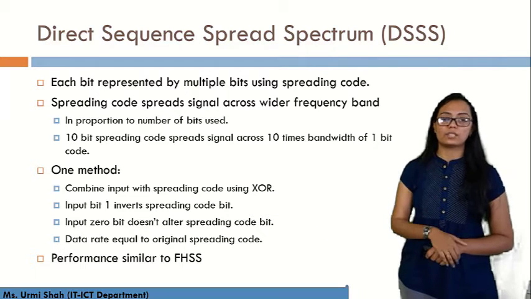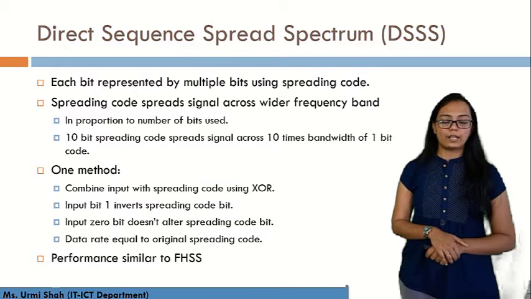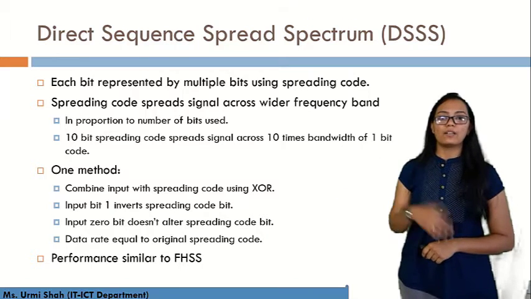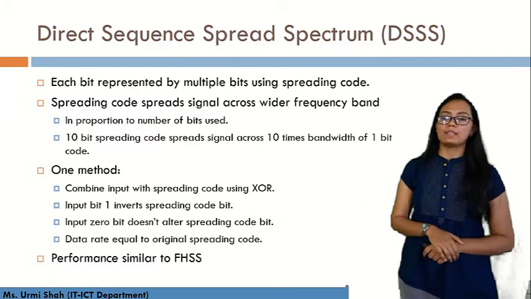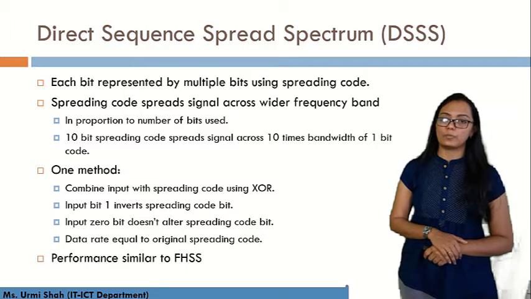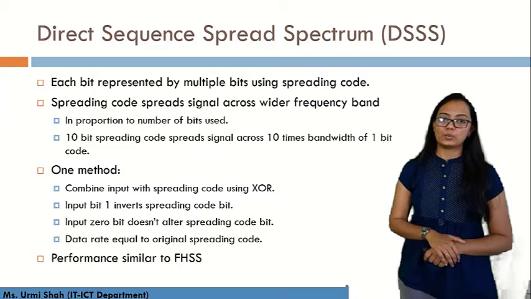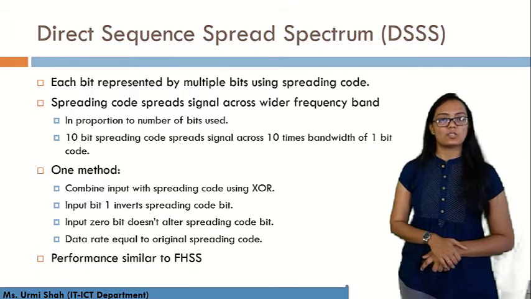Another method used here is combining the input with the spreading code using the XOR operation. Input bit 1 will be inverted whenever the spreading code bit is 1, while input bit 0 does not alter whenever the spreading code bit is 0. The data rate is equal to the original spreading code rate, and performance is also similar to FHSS.